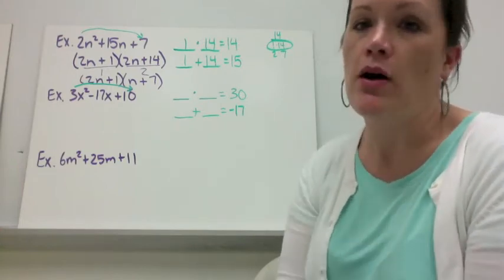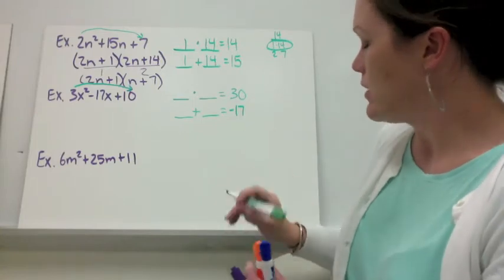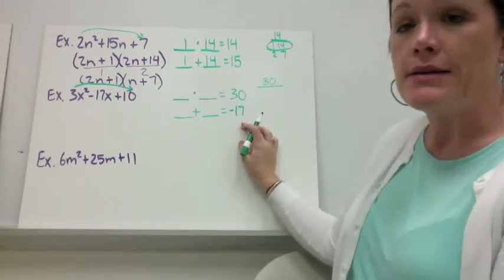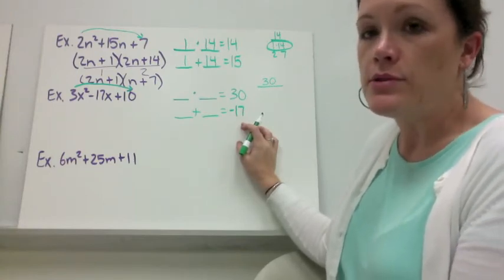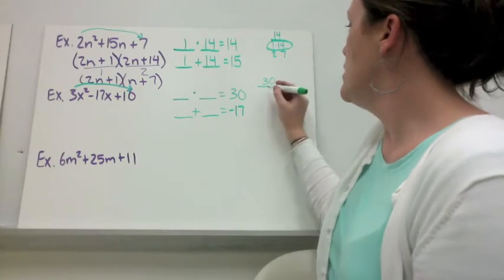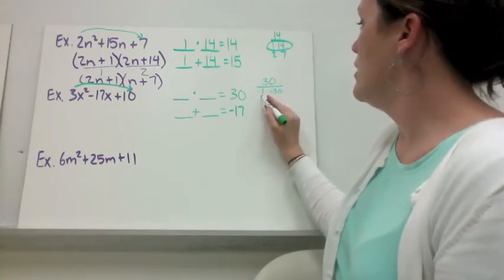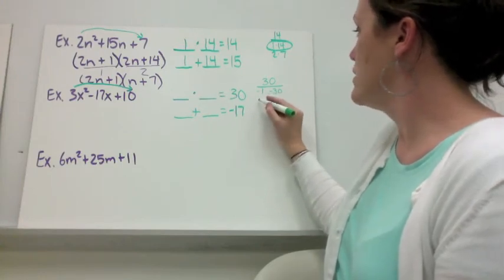Like we talked about with the other trinomials, if I'm going to multiply to get 30 but I need to add to get negative 17, I would have to have some negative numbers. So let's start with negative 1 times negative 30. But they don't add to give me negative 17.